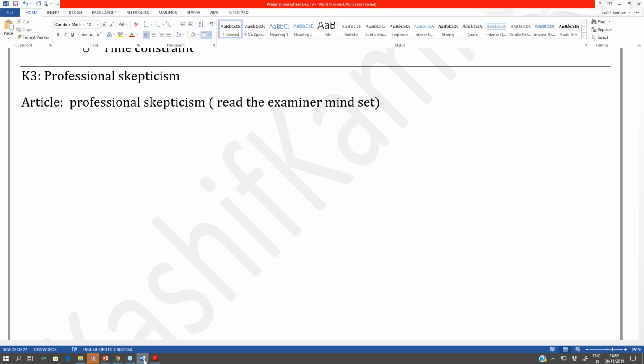Now, once you've read the article, and you want to do exam papers on professional skepticism, and you want to know how this topic is tested, how you get this topic in the exam, for that I have chosen an insightful question, because that will really give you the dimension of this topic when you're preparing yourself for an exam paper on professional skepticism.